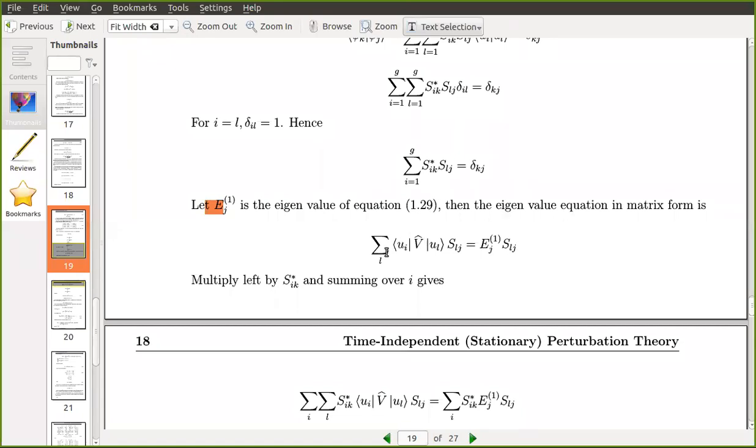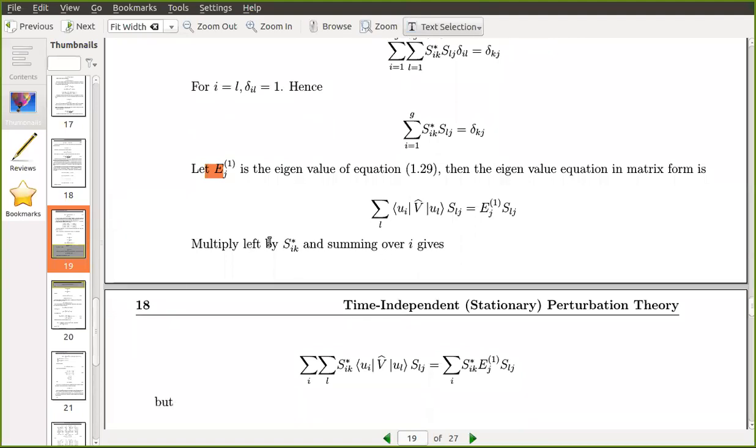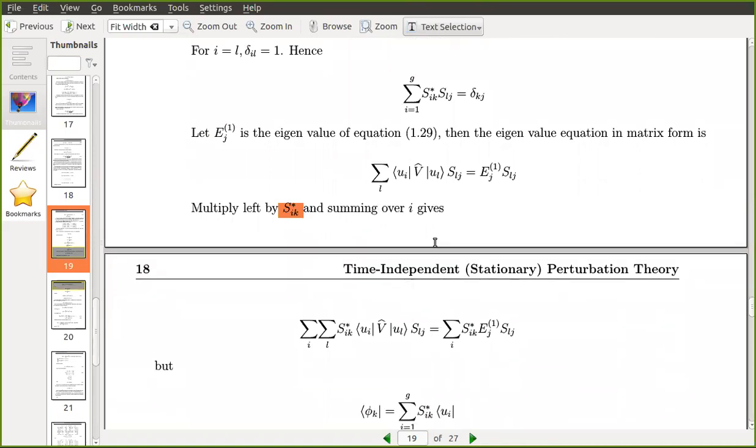Abhay? Yes, sir. Okay. So now you multiply with Sik star and sum over I. So sum over I, Sik star. You put the Sik star on both the sides.